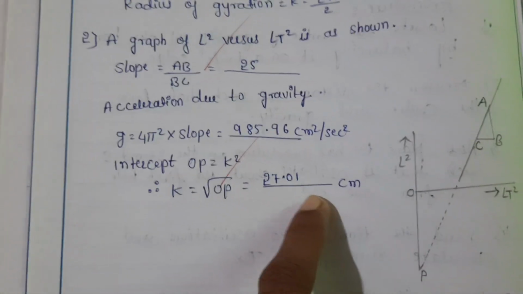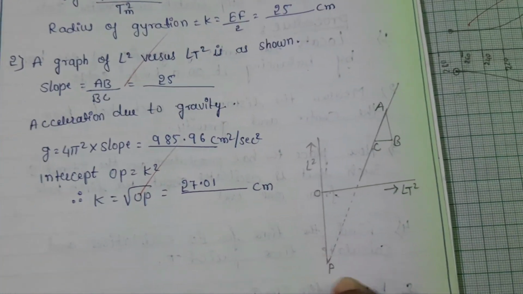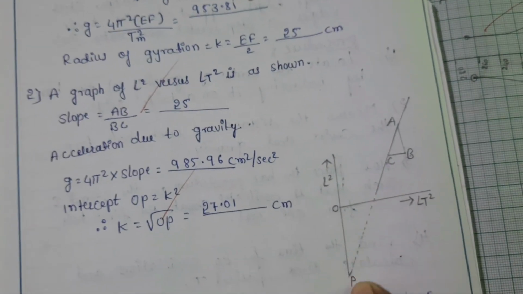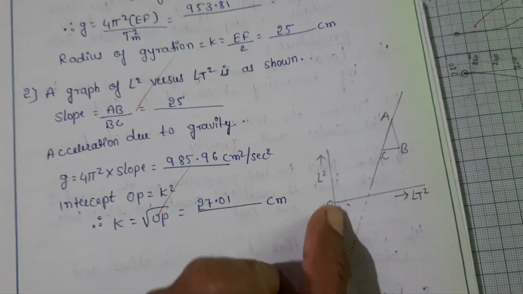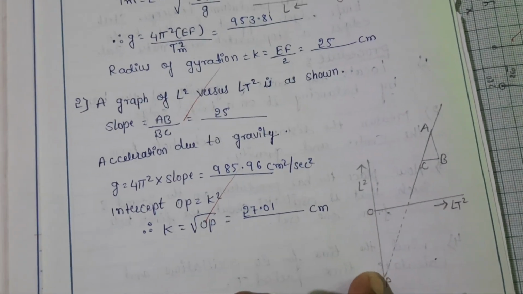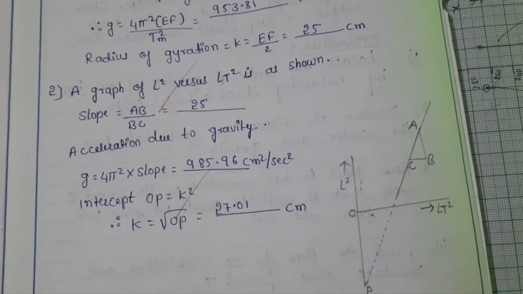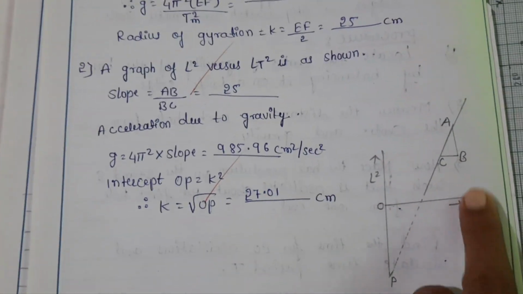And the intercept, how will you get the intercept here? You have to extend the line up to point P, where this straight line connects with the x-axis. So you should take it to point P. From the graph, they got the value of OP.